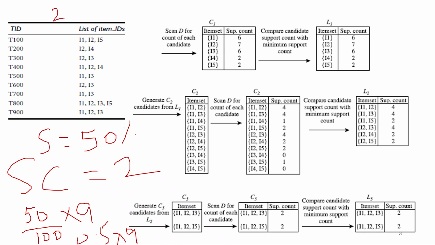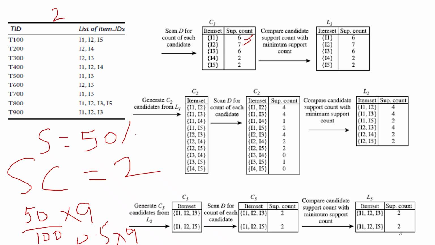So let's see here. First, scan D for the count of each item, that is, each candidate. So now let me take I1, where you have 1, 2, 3, 4, 5, 6. So I1 is 6. For I2, 1, 2, 3, 4, 5, 6, 7. So I2 is 7.